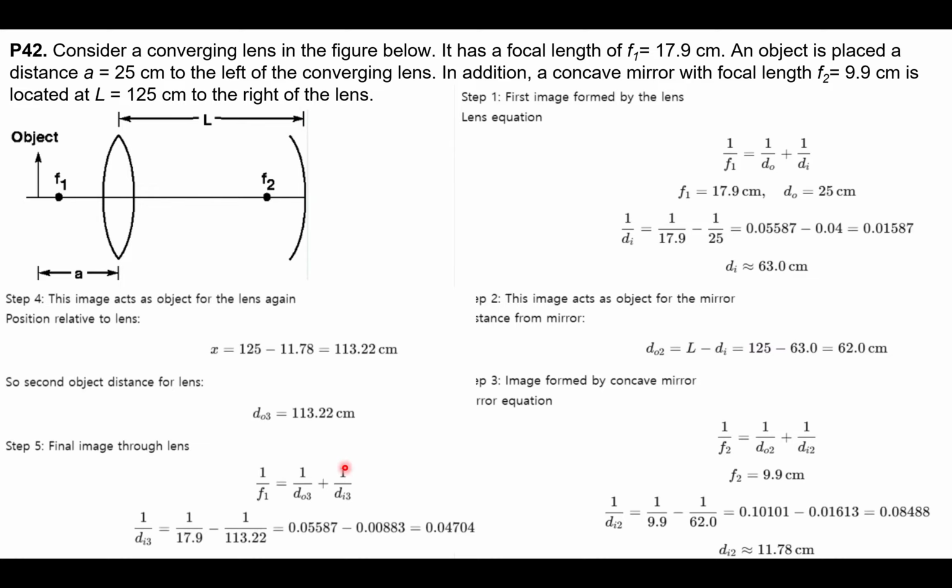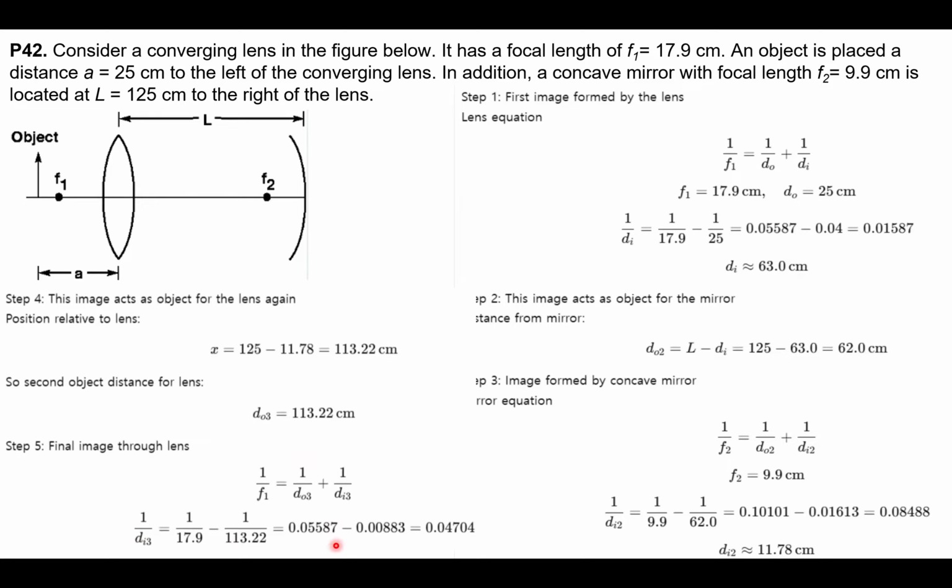And then the position relative to the lens is given. So L is 125, and the second object distance to the lens is given by this one. And then you get the final image given by this one.